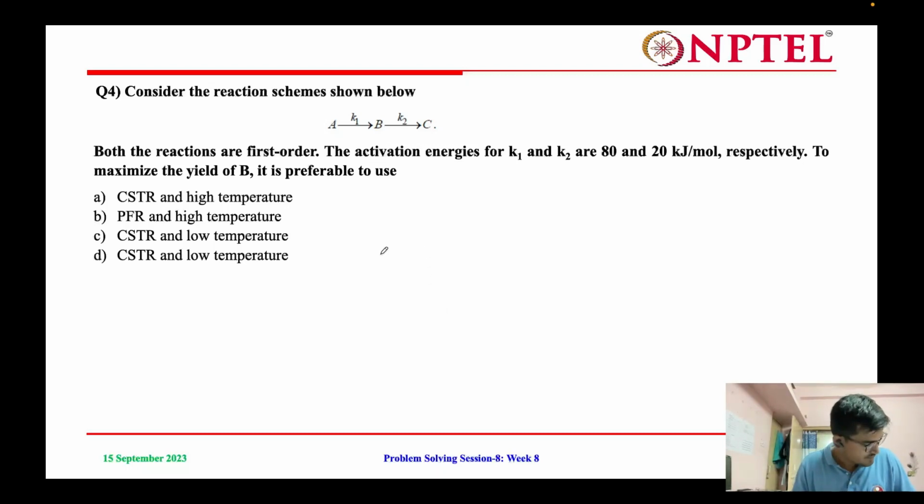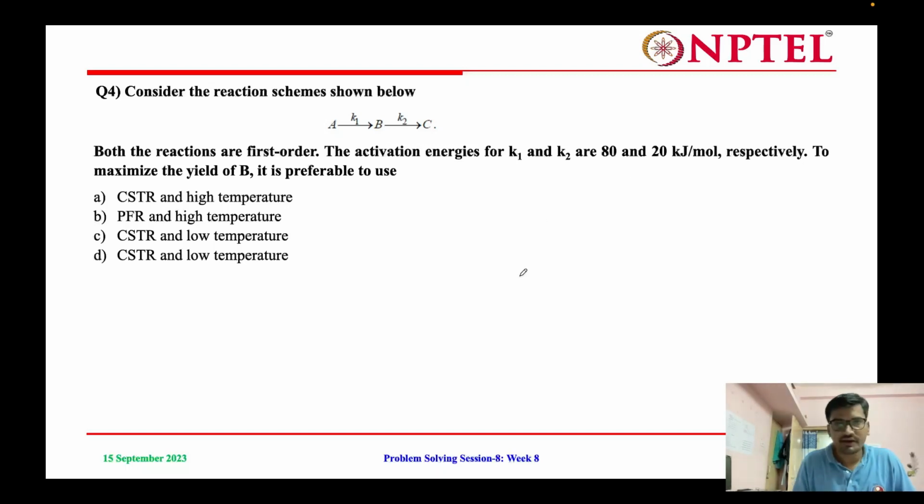Also, we note that high temperature favors the reaction of higher activation energy, and low temperature favors the reaction of lower activation energy.